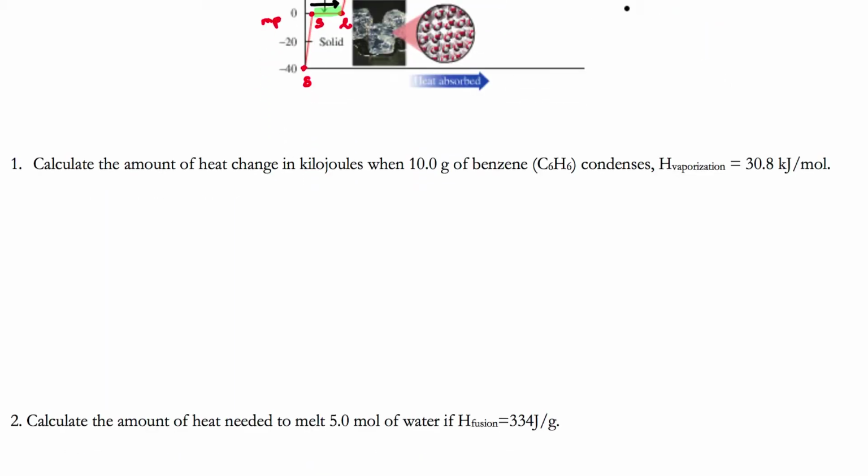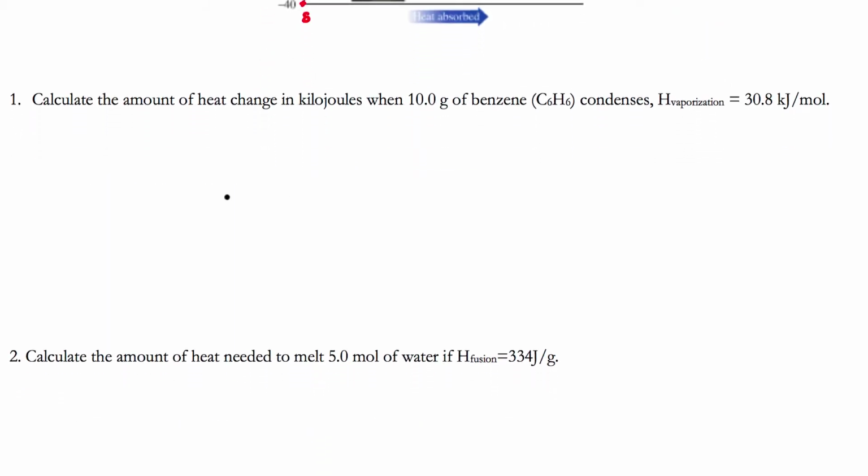All right, let's look at the first example. It says calculate the amount of heat change in kilojoules when 10 grams of benzene condenses, and it gives me my heat of vaporization here. So my given here is 10.0 grams. Notice I want to get into kilojoules. In order to get into kilojoules, I need to use my heat of vaporization, but the units for my heat of vaporization are kilojoules per mole.